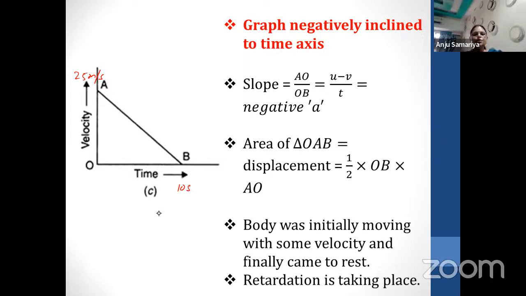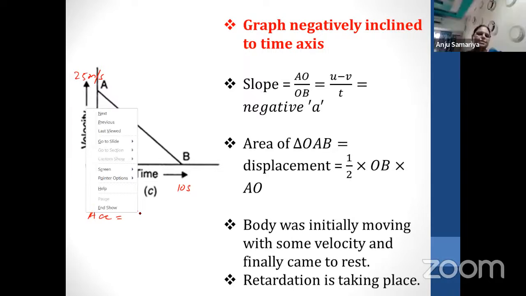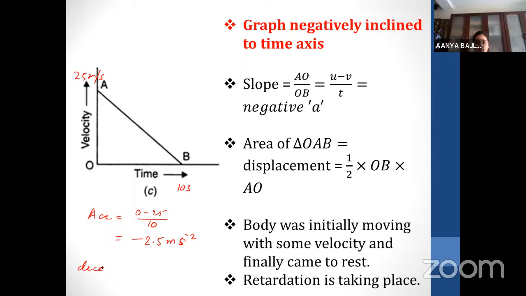So now what is the slope? What is the acceleration? Acceleration will be 0 minus 25 upon 10. So that is deceleration or retardation.